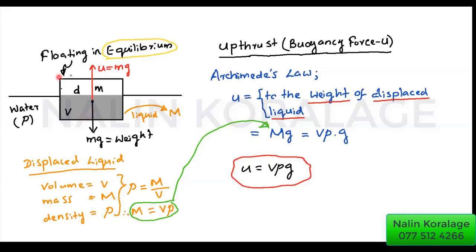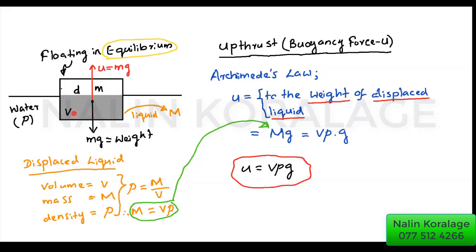Those are two different things. The volume of the object includes the part of the body outside the liquid level as well, but that does not contribute to upthrust according to Archimedes' law. The volume inside the liquid level is going to be V.